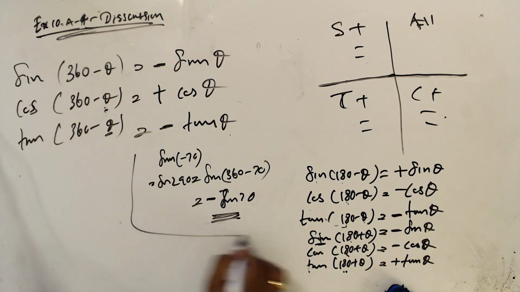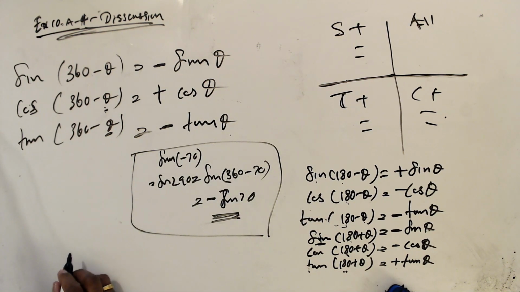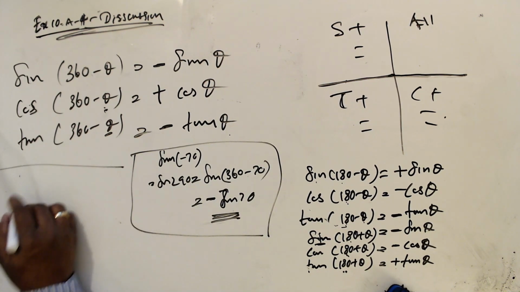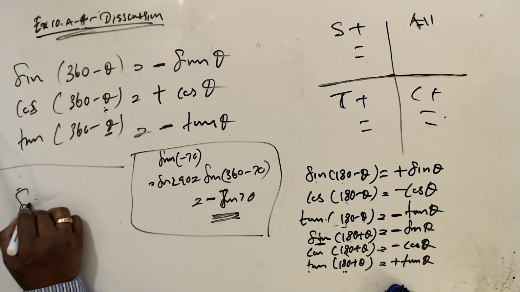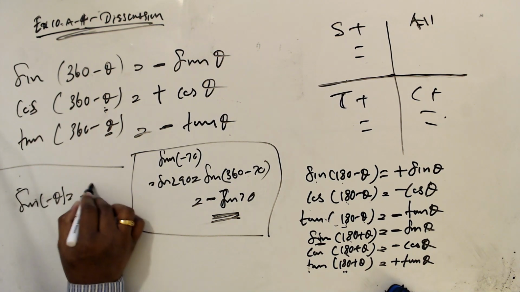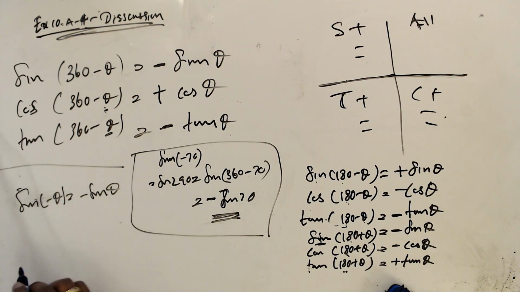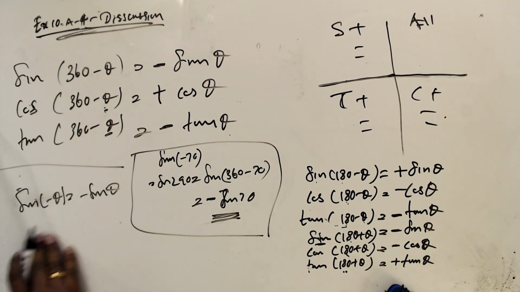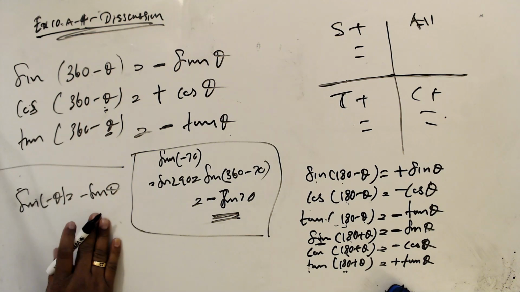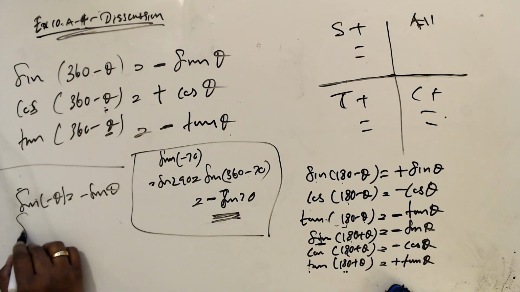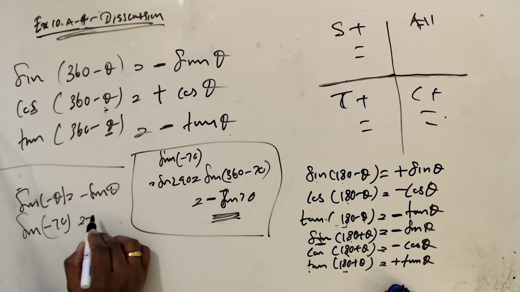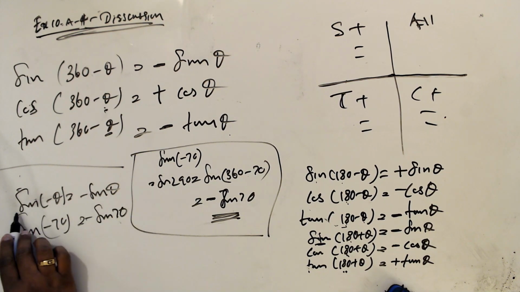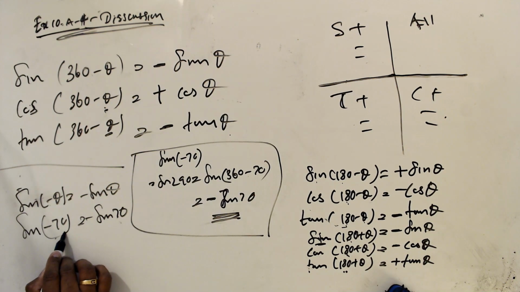There's another way actually. Can you remember that in the previous section we discussed sine minus theta equals minus sine theta? Chapter number 9. We drew those graphs, and so you can use that one as well. If you see sine minus 70, you can write minus sine 70.